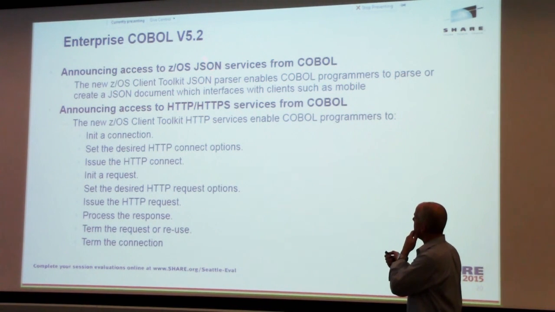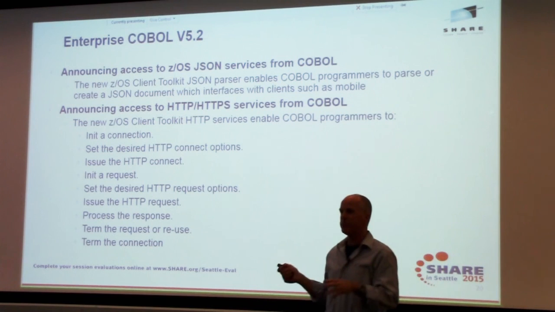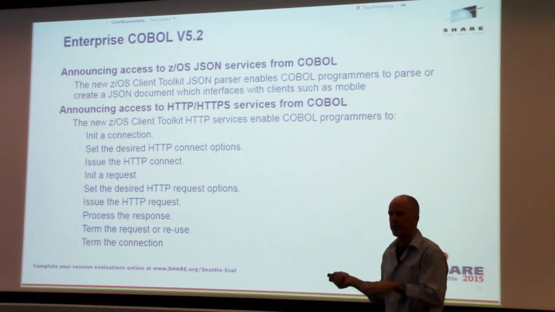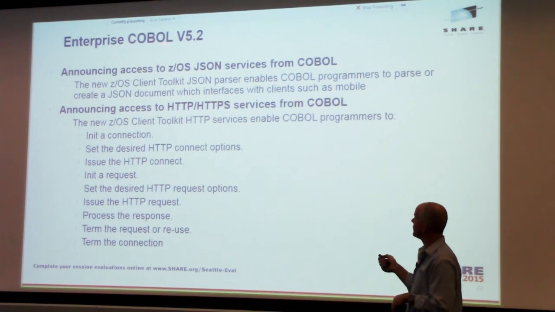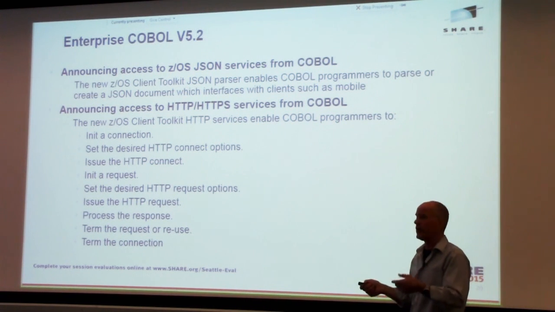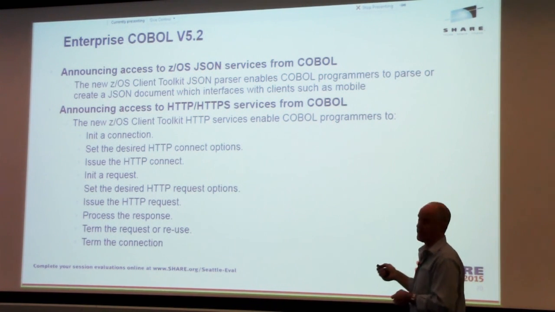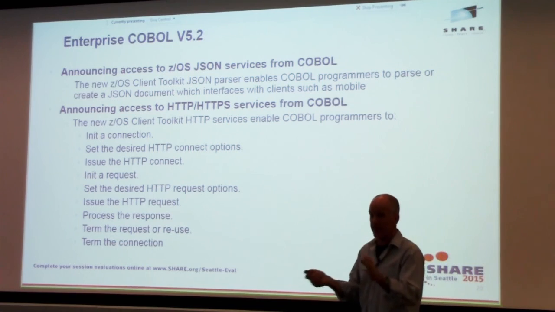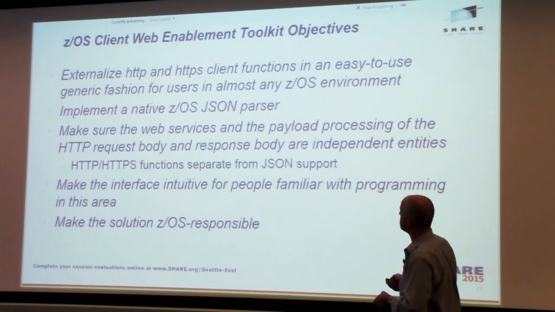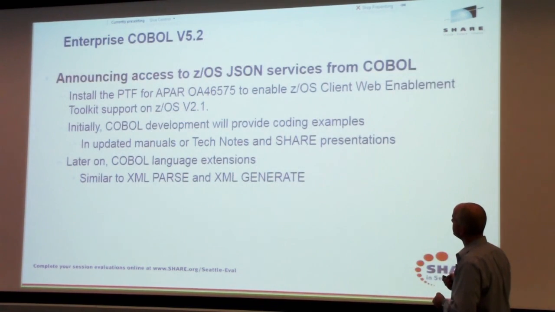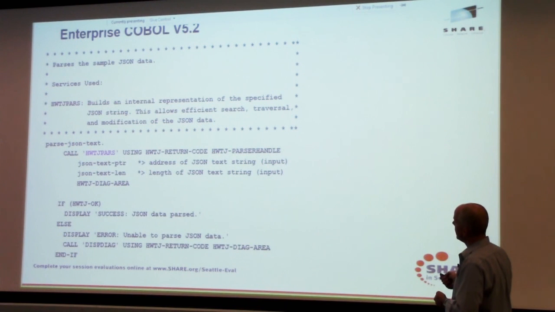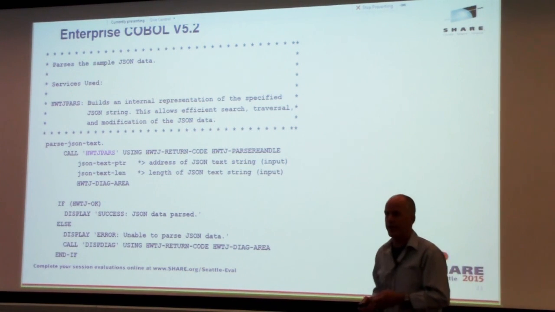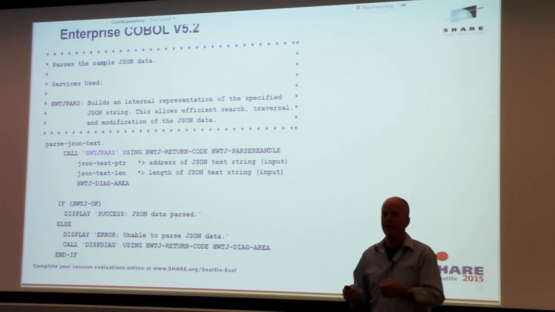So the announcement was that they didn't have a good place to advertise the JSON facilities of z/OS, so we helped out by adding it to our announcement. You can actually use these things from any COBOL or PL/I or any language, really, assembler. This is kind of what it looks like. It's a call-based interface, so it's pretty, I would say, in the United States, clunky.